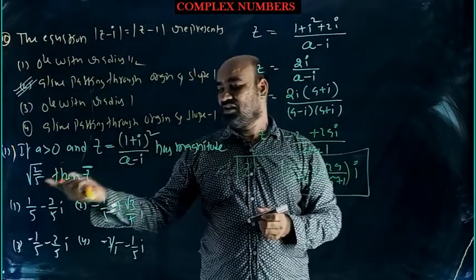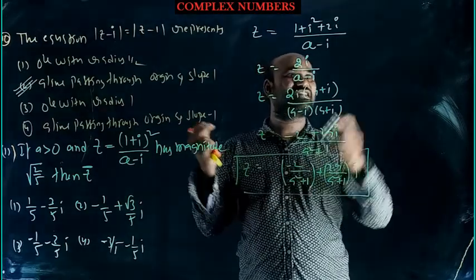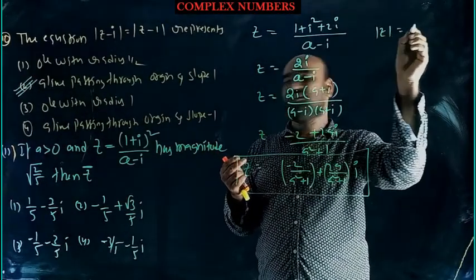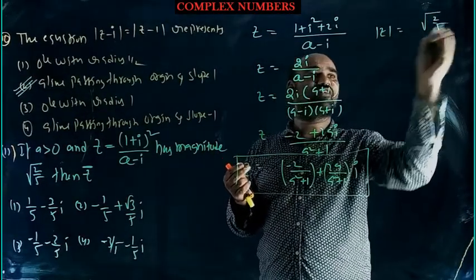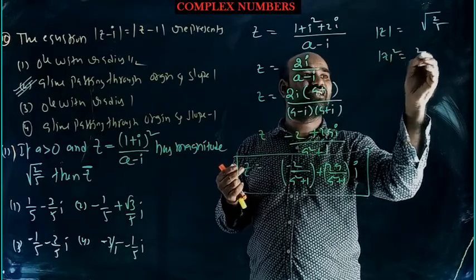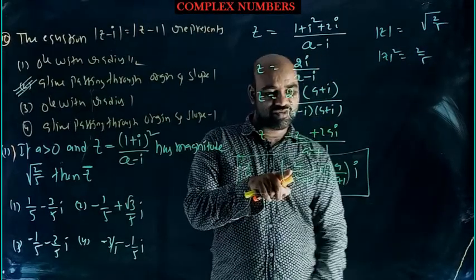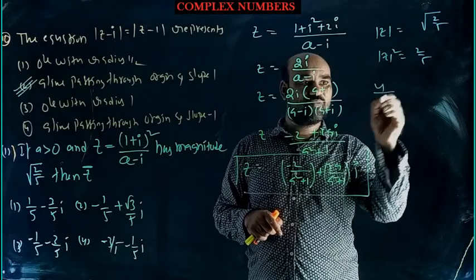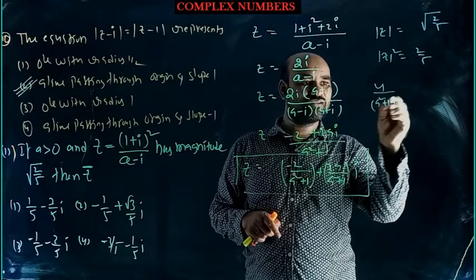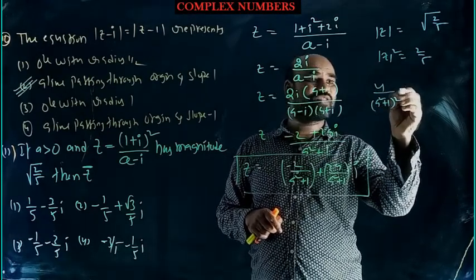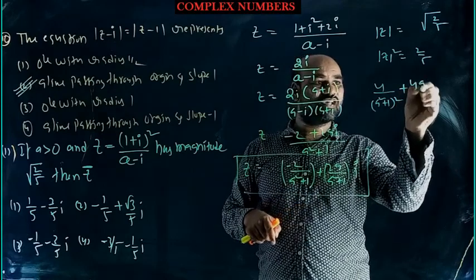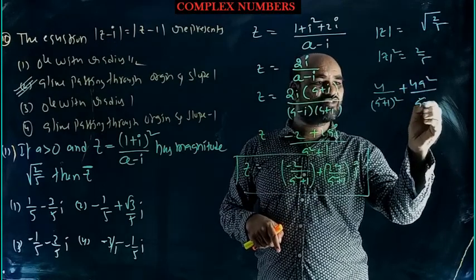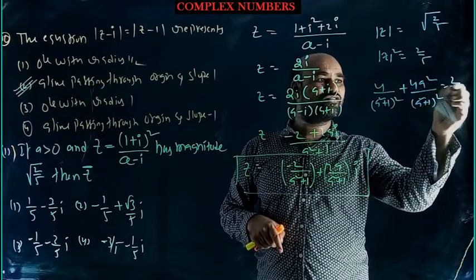Its magnitude, mod z, is given as root over 2 by 5, or mod z squared equals 2 by 5. Mod z squared means the square of this, 4 / (a² + 1)², plus the square of this, 4a² / (a² + 1)², equal to 2 by 5.